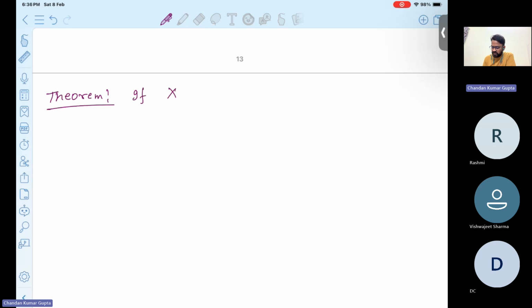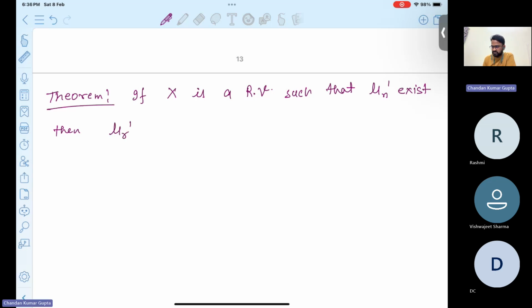If x is a random variable such that the nth non-central moment mu n dash exists, then mu r dash exists for all r less than n.